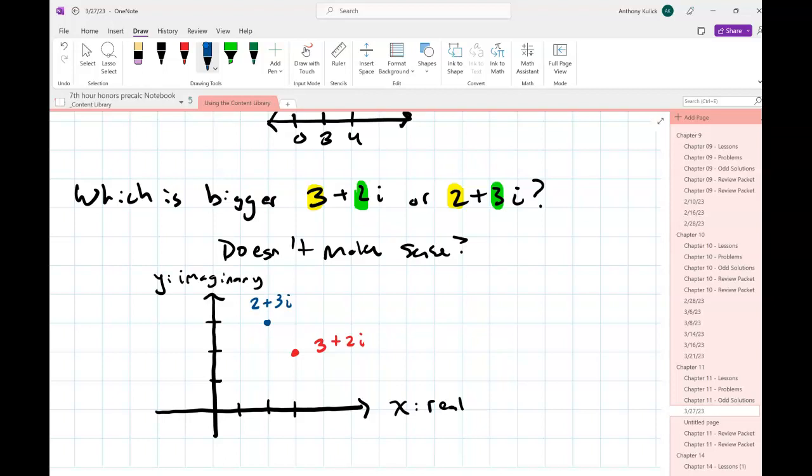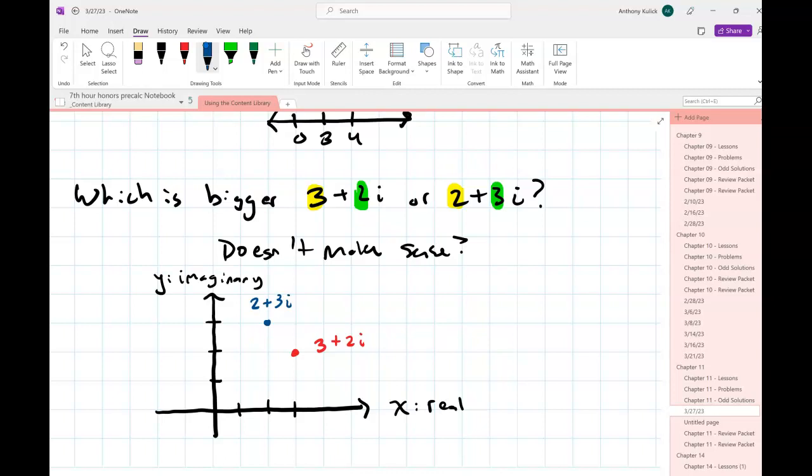What's this kind of starting to remind us of? The three-dimensional graph? Well, that's true, yes.